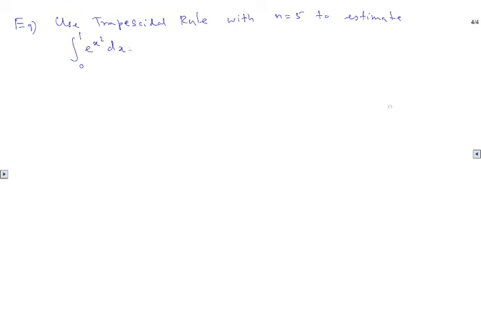Good. Let's do the same kind of calculation here. We start by drawing the number line, with numbers going from 0 to 1. Your delta x is (b minus a) over n, so it is (1 minus 0) over 5, which is 0.2. So the points are 0.2, 0.4, 0.6, 0.8.